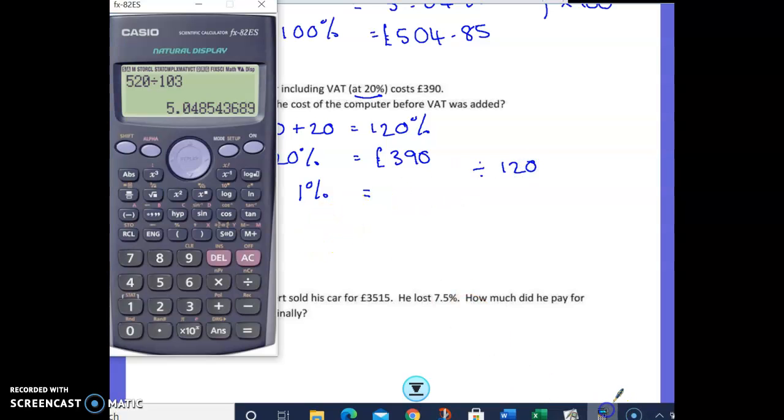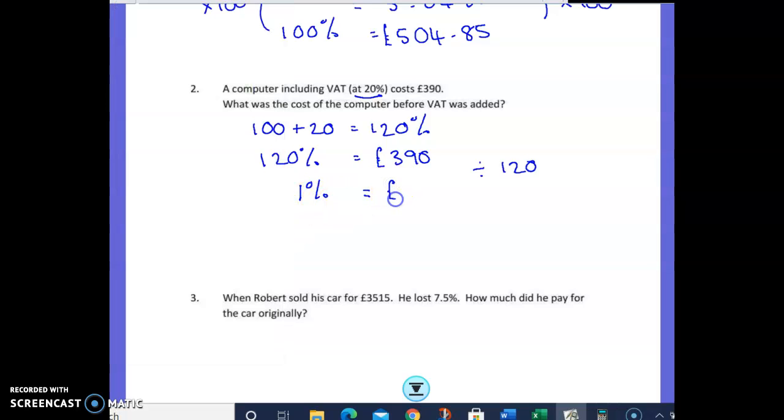So 390 divided by 120 is £3.25. That's 1%. I don't want 1%. I want 100%. Times that by 100. And I get £325.